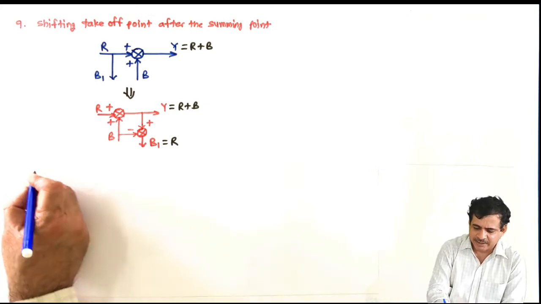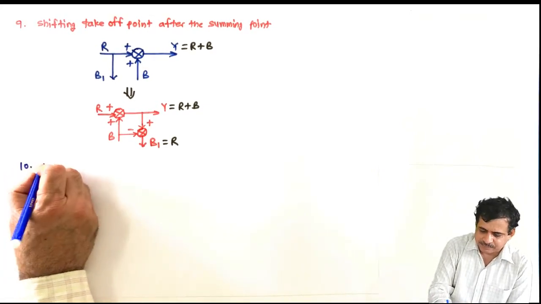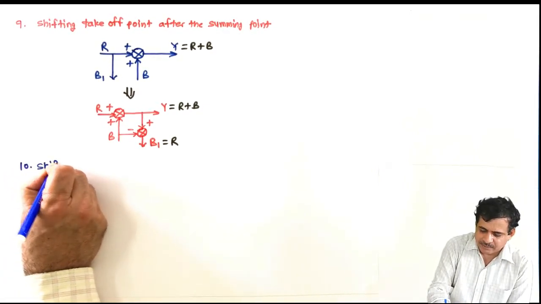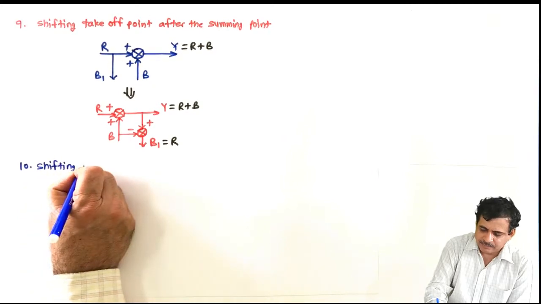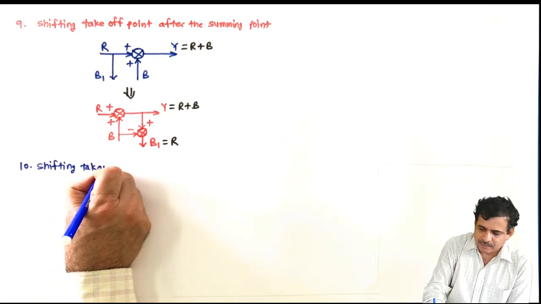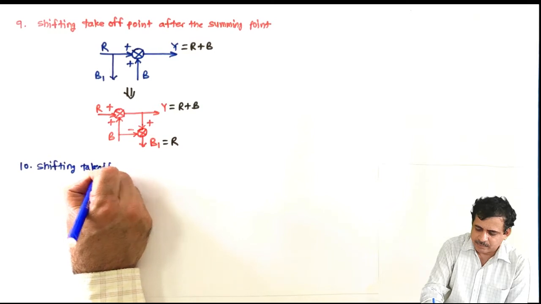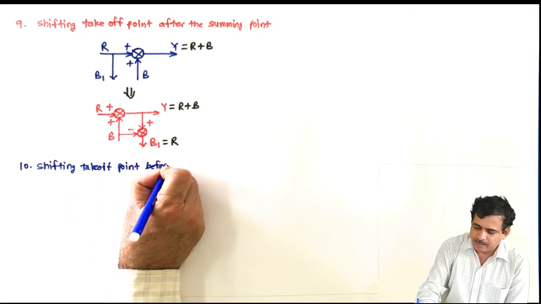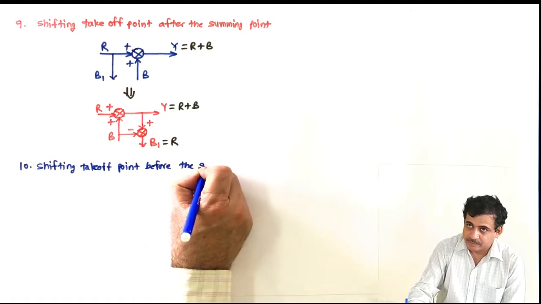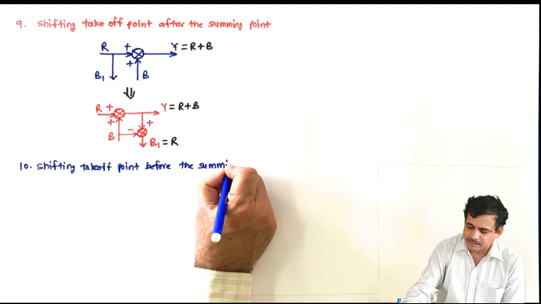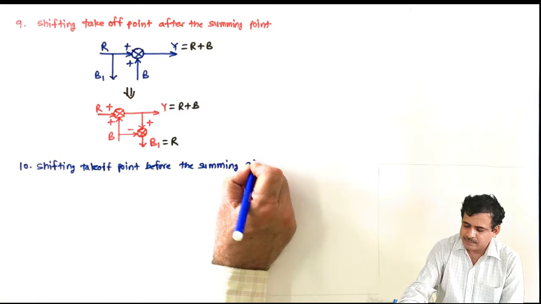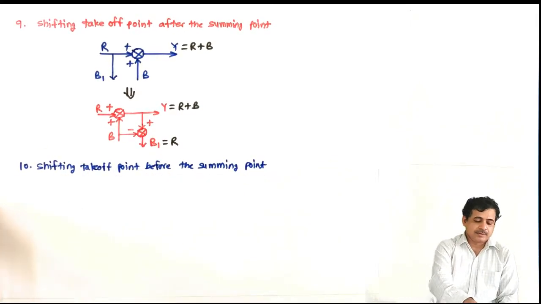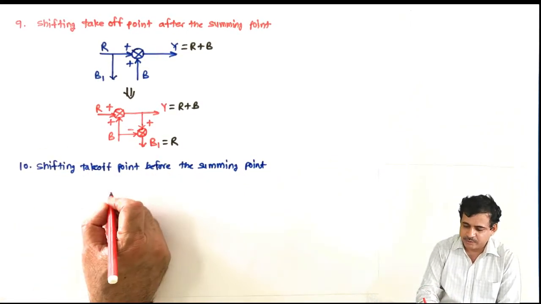Let us see the rule number 10, and then I will discuss. Shifting takeoff point before the summing point. This is the last rule. And in this case what we have?